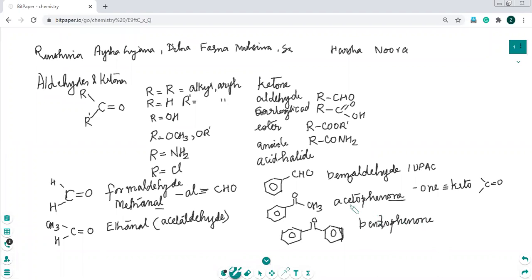Acet stands for the CH3 group, and phen stands for the phenyl ring. Right. So this is the nomenclature and structure of some of the very commonly used aldehydes and ketones.